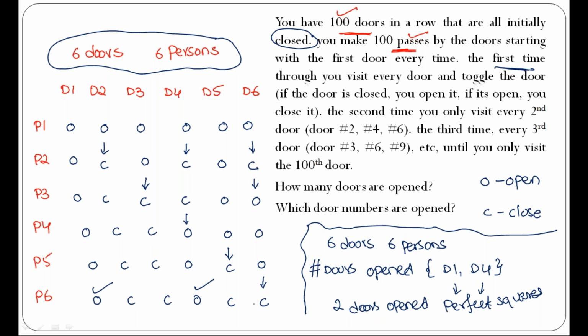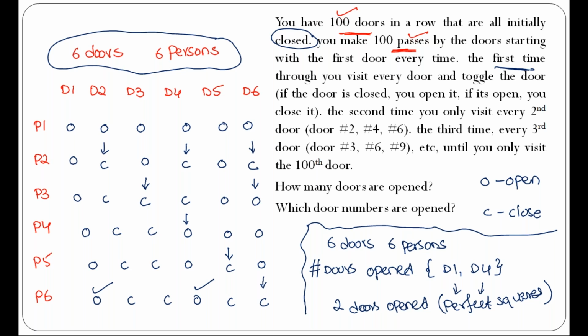We try the demo piece first, and if it works successfully, then we implement the big one. So you have to do trial and error with small numbers. You can't do 100 doors, 100 persons on paper within the given time. So I go with a small number, and finally I came to know only two doors are open, 1 and 4, which are perfect squares.